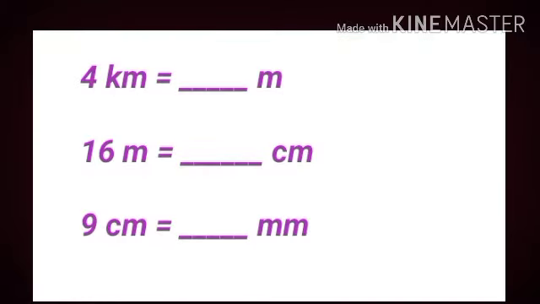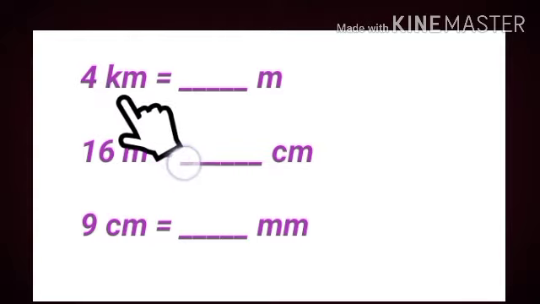Dear children, now I have given some exercise for you. 4 kilometer equals dash meter. Now we want to convert one unit of length into another unit. So just imagine that chalk piece, big to small.